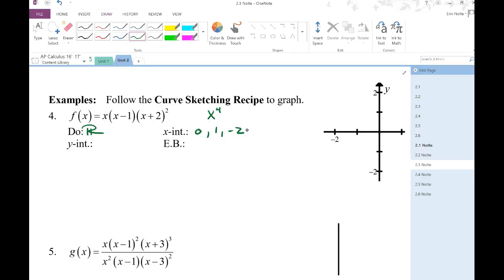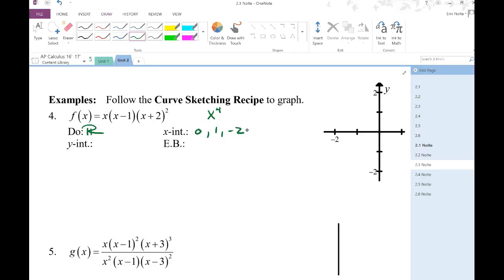It bounces. I don't know if you want to write that down somewhere. Odd x-intercepts cross through the x-axis. Even intercepts bounce off of the x-axis.